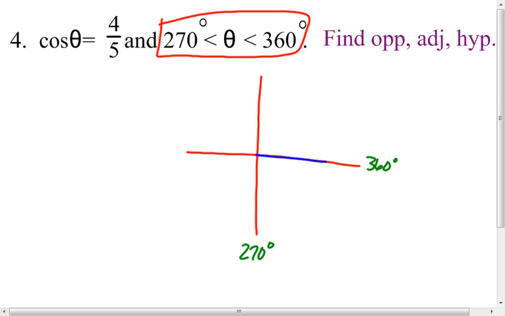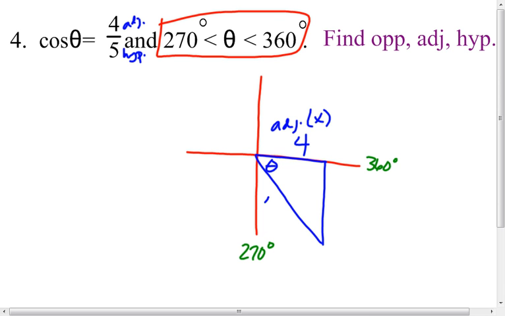So again, you're going to use the x-axis as one of your sides. And then you will draw your handy-dandy little triangle. Cosine is adjacent over hypotenuse, or your x value. So your adjacent, or your x value, would be positive 4. So this is, again, adjacent over hypotenuse right here.